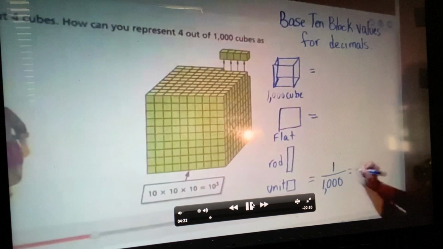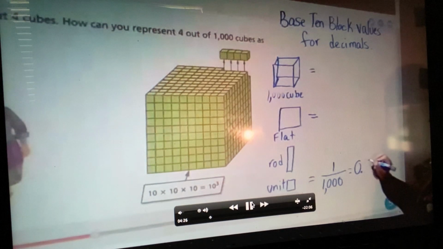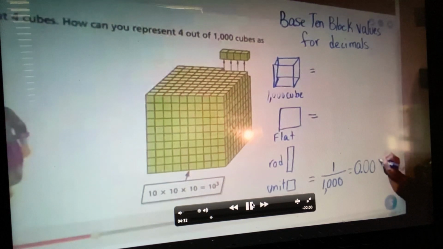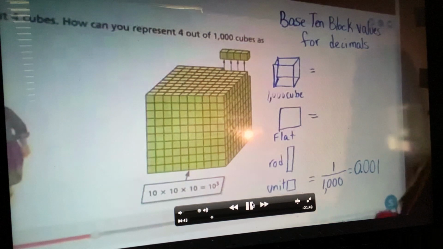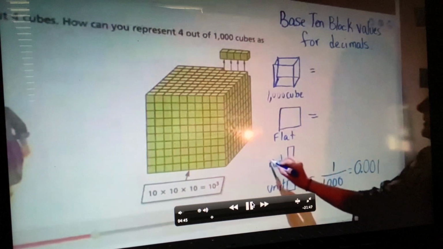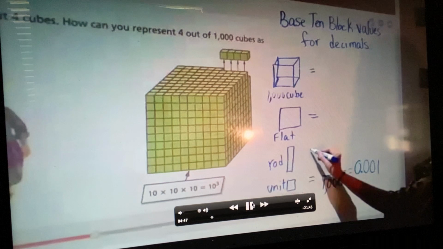In decimal form, that is going to equal 0 ones, 0 tenths, 0 hundredths, 1 thousandth. If you're confused, it's okay. I just need you to get this in your notebooks. We're going to be talking more about it later.